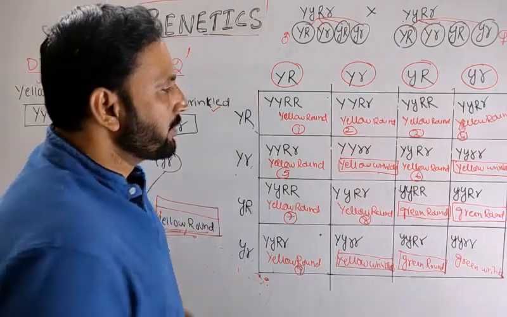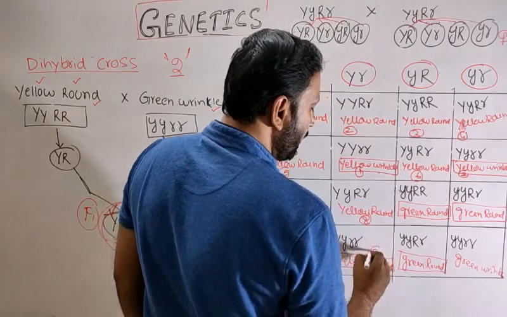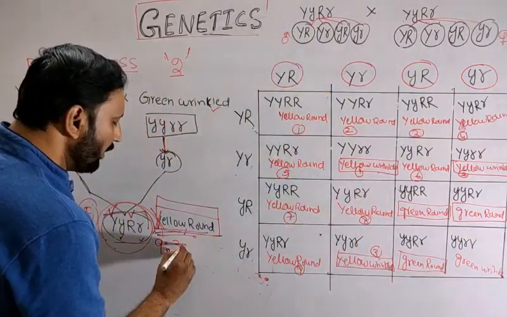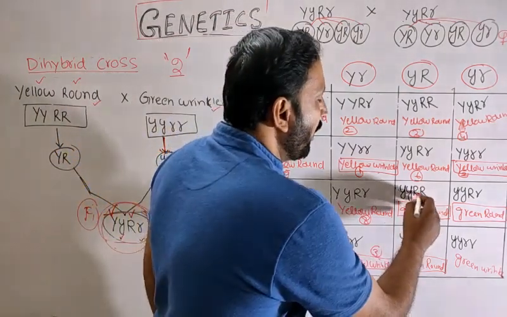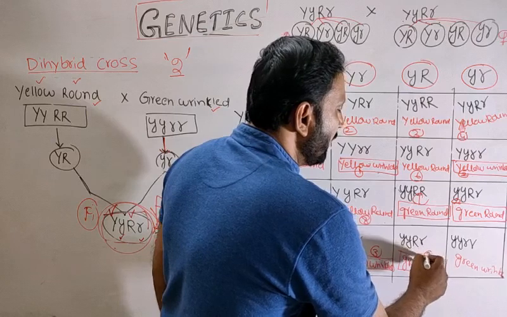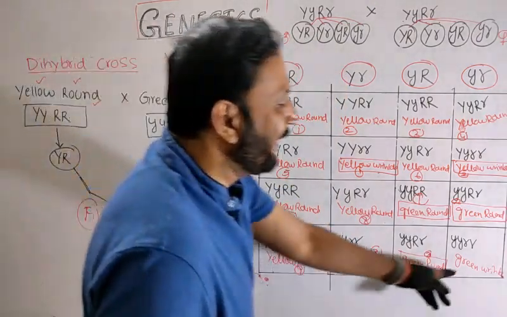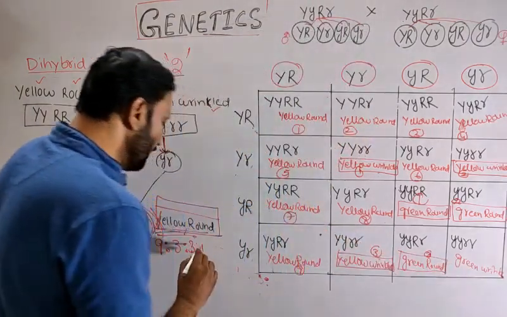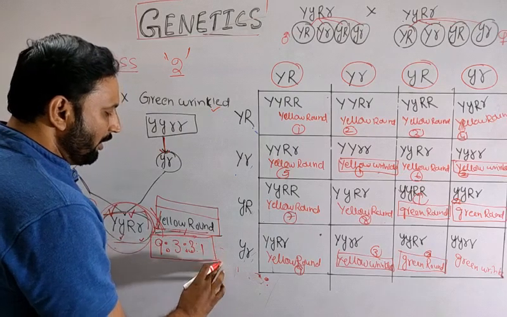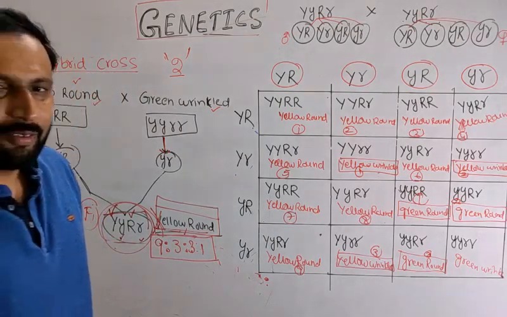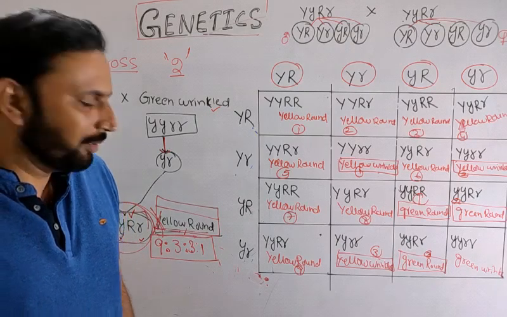And recombinants, yellow wrinkled: 1, 2, 3, all three yellow wrinkled. Next, green round: 1, 2, 3. How many are green wrinkled? Only 1. So this is the phenotypic ratio, 9:3:3:1, whereas the monohybrid phenotypic ratio is 3:1.